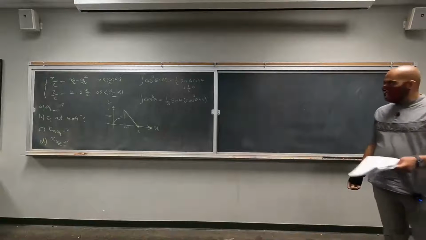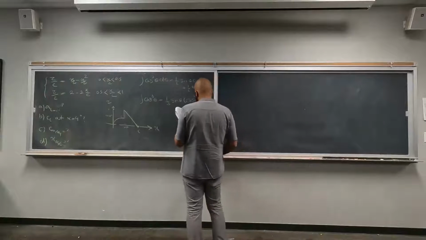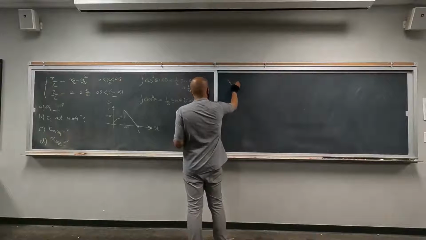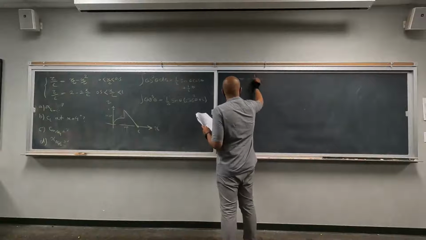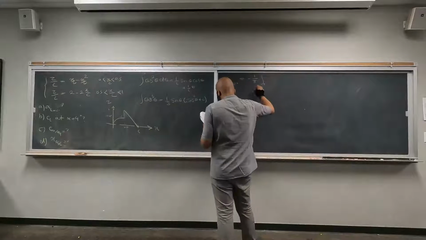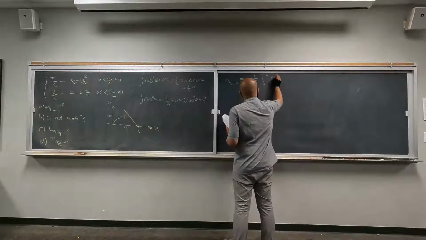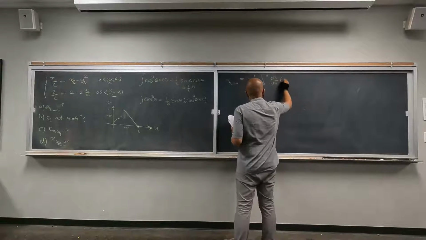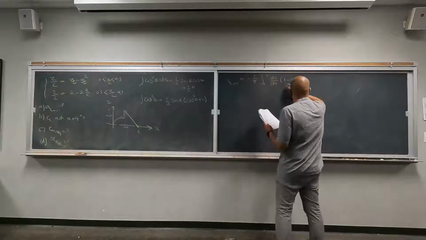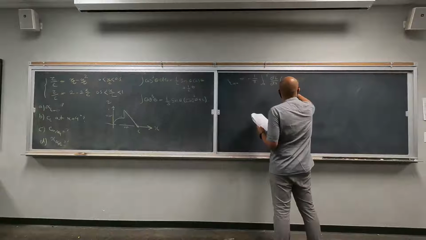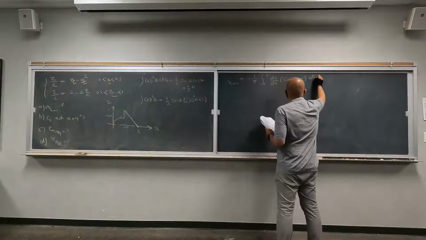Let me actually write down the equations for you, just in case. So zero lift angle of attack is minus 1 over pi, integral from 0 to pi of dz/dx times (cosine of theta minus 1) d theta.